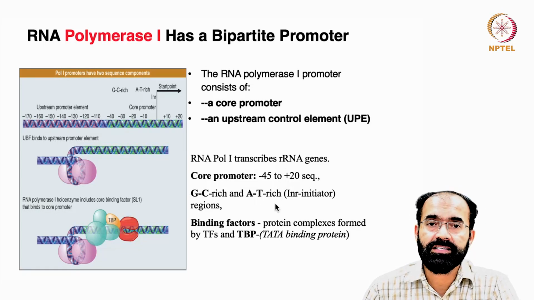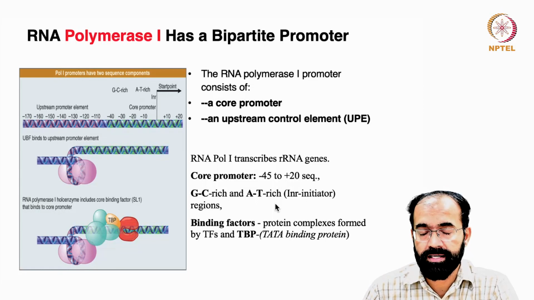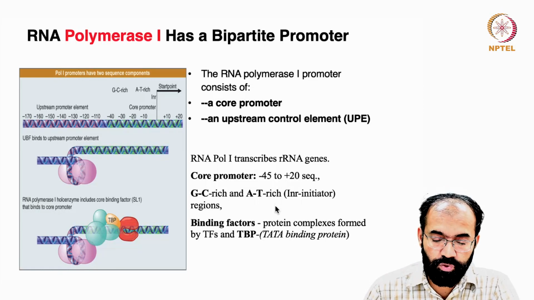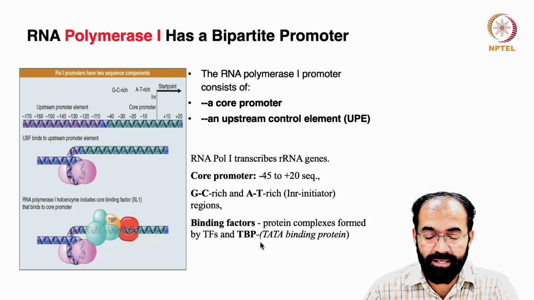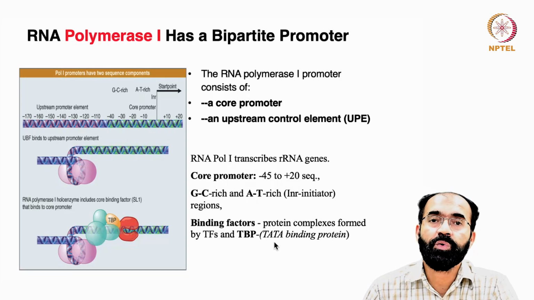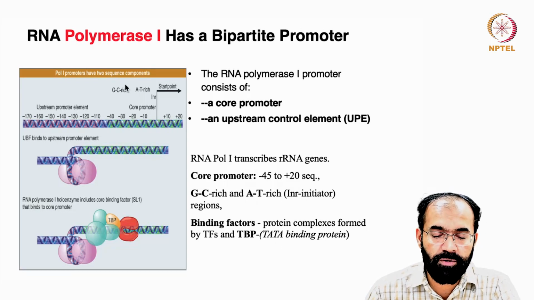The binding factors are typical, as you saw in the case of RNA polymerase II, and this complex is formed by transcription factors, especially the TBP. That means TATA binding proteins become handy even in polymerase I.